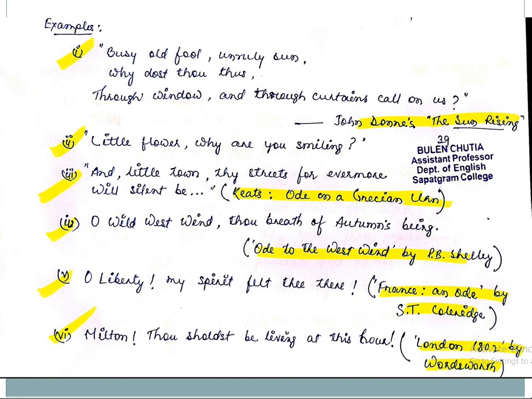For example, number one: "Busy old fool, unruly sun, why dost thou thus, through windows and through curtains call on us?" This is a stanza from the poem Sunrising by John Donne. Here, the speaker speaks to the sun. He addresses the sun as old, fool, unruly.